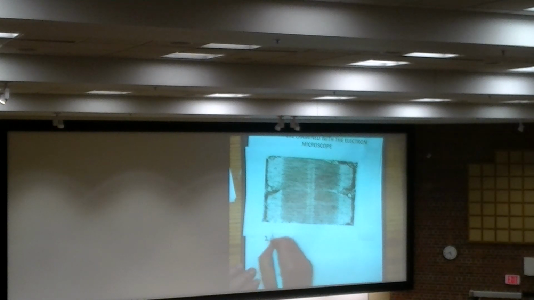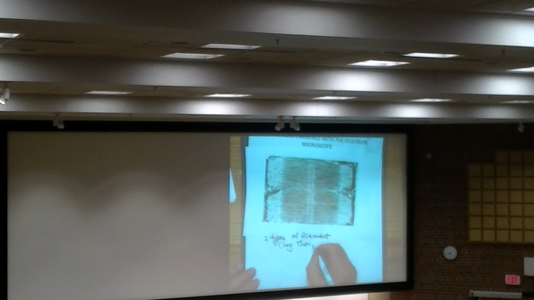What do you see here? What are the A band and the I band made out of? What we see here are two types of filament. And a filament is a long, thin, thread-like structure.